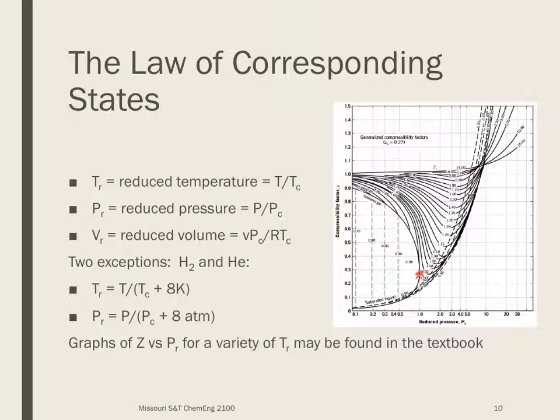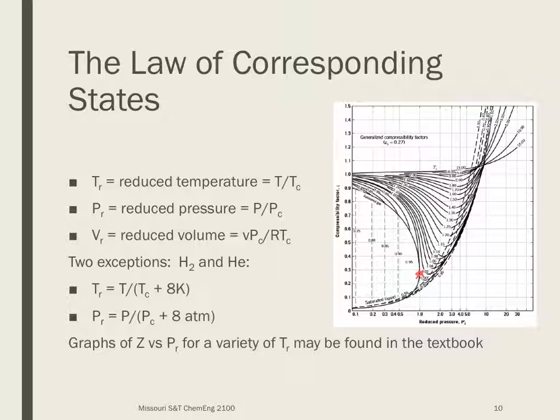Now, this particular graph is the one that is just for temperature and pressure and compressibility factor. But there are many other forms of the law of corresponding states, and we cover those in some other courses.